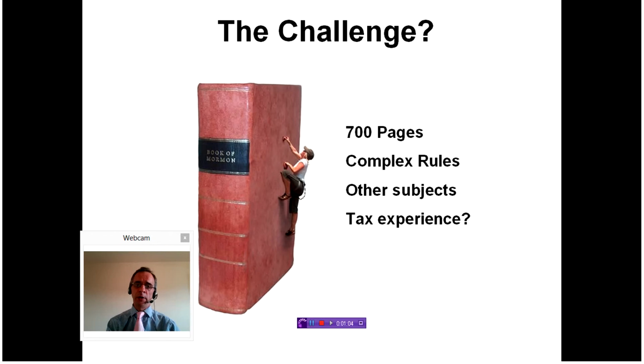Now, the other area within 700 pages is the fact that if you're coming new to tax, you're coming new to fairly complex rules, and it may well be that in addition to learning a series of complex rules, you've got other subjects as well, perhaps F7 or indeed F8. So the one thing I would guard against with F6, I certainly think it's passable, is taking on too many subjects with it.